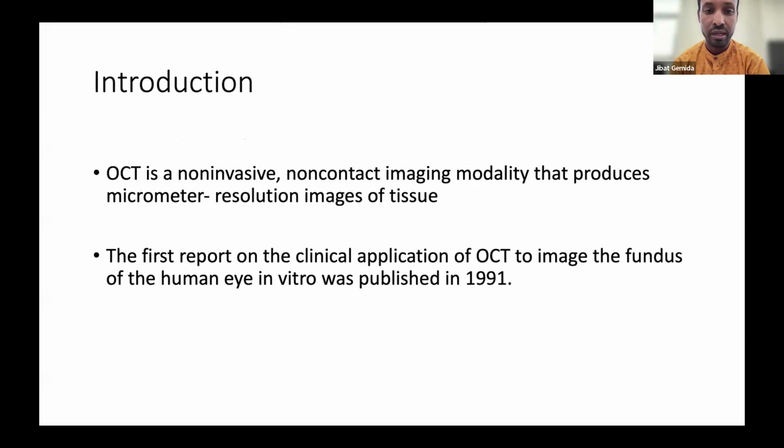OCT is a non-invasive, non-contact imaging modality that produces a micrometer resolution image of tissue. The first report on the clinical application of OCT, an image of the human eye in vitro, was published in 1990. This was done from tissue collected from the eye bank.